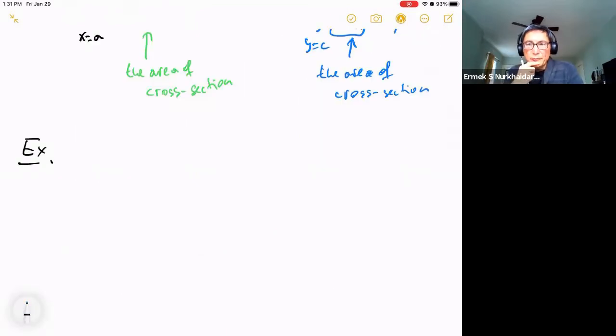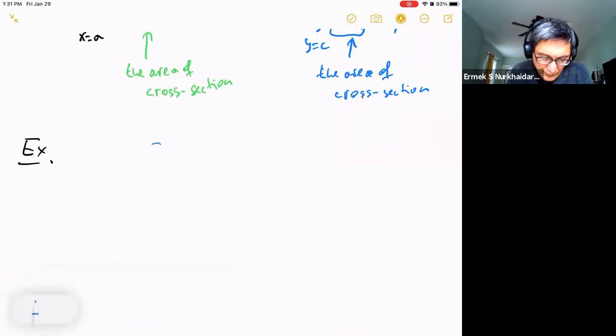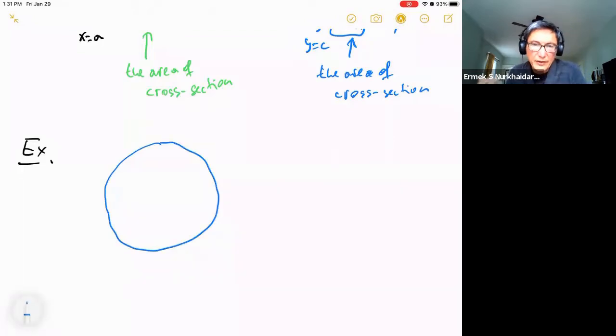Say we have a sphere, right? And from the sphere, we cut a little bit from the top. So let's imagine the following picture. We have a sphere, and we have some radius on it.